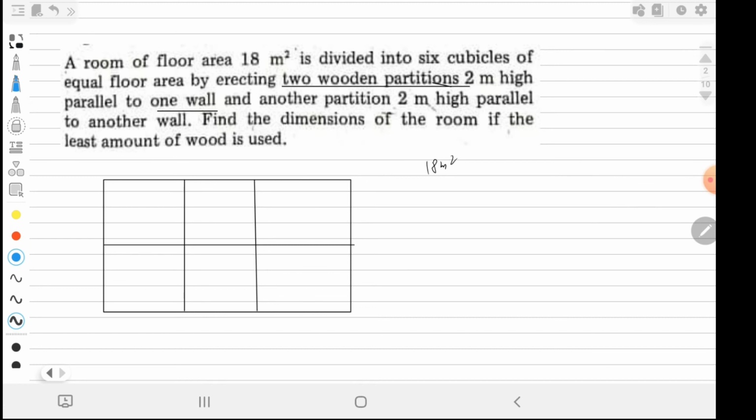But we want to know what the area should be to get the minimum amount of wood. So we will consider these woods.